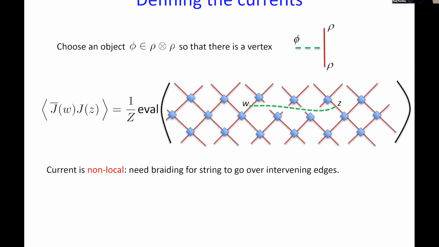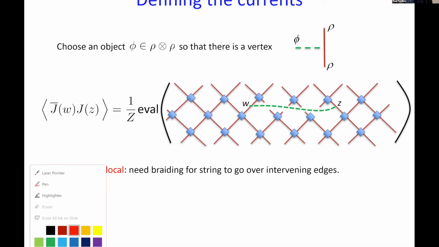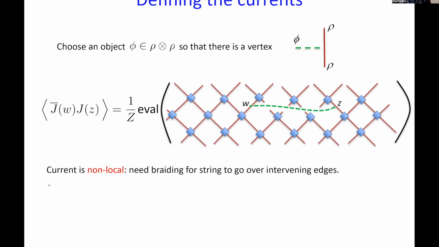But now I pick another object that's called phi, that's in the tensor product of rho tensor rho. And so what that means is we have a vertex, rho, phi. And so all those lines in there are labeled rho. I didn't draw all the labels. And now what I do is I stretch that line between two points on the edges.